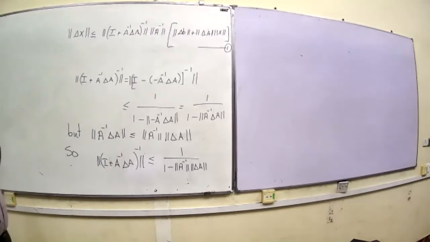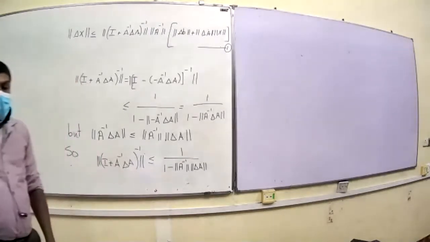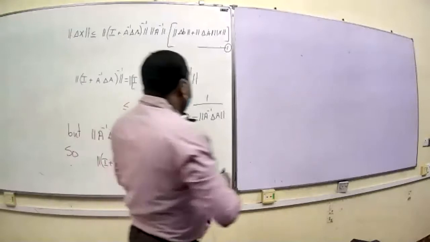So you will get I minus A inverse delta A is less than or equal to this. But if you look at the answer, you have condition number of A. So we want to bring the condition number of A here.